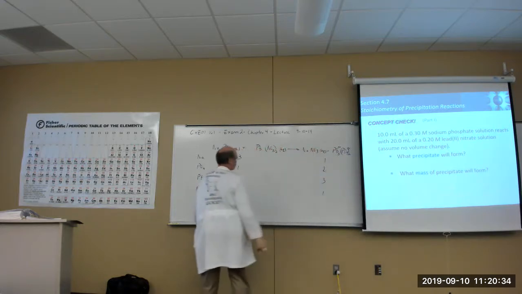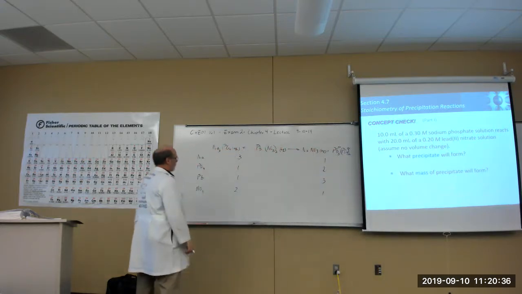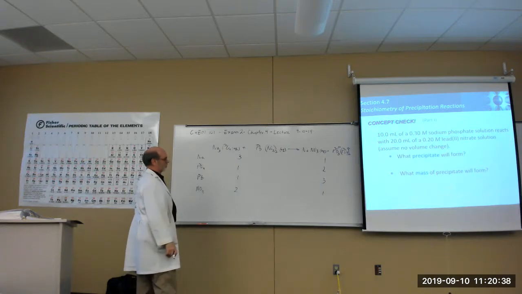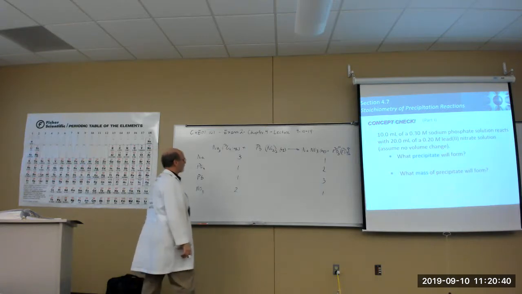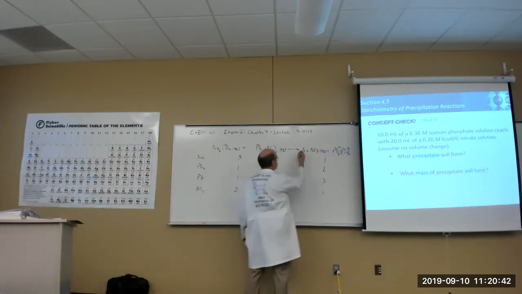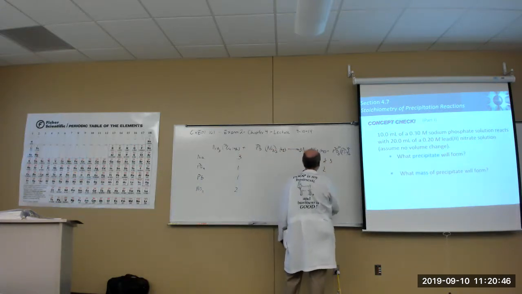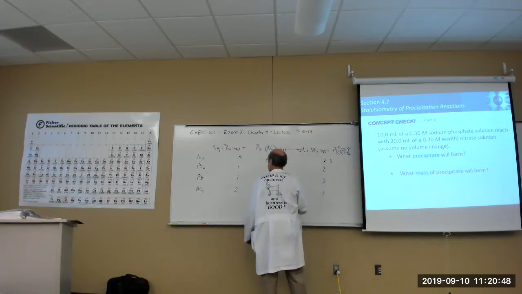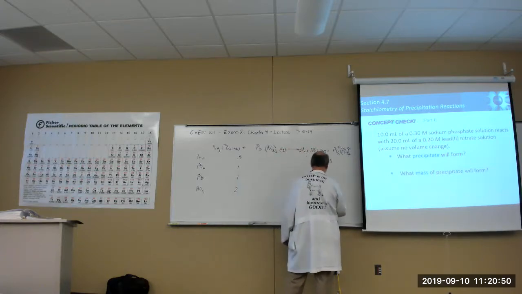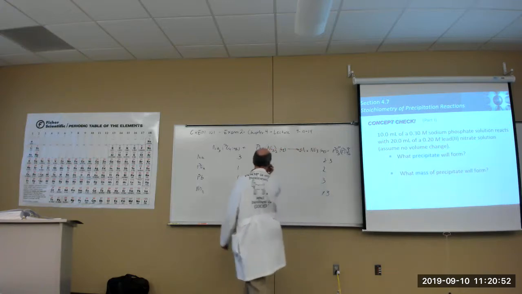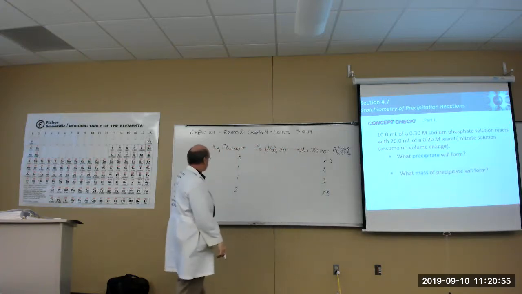Okay, where do we start? Well, you can start at the top. That usually works. So if we make a 3 over here, that gives us 3 sodiums, takes care of the sodiums, but it also changes 3 nitrates. Okay? Now, phosphates.